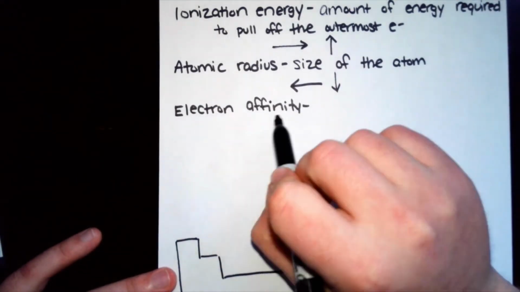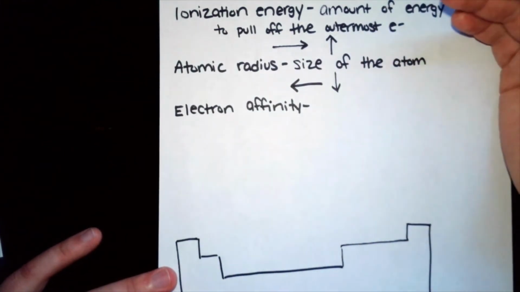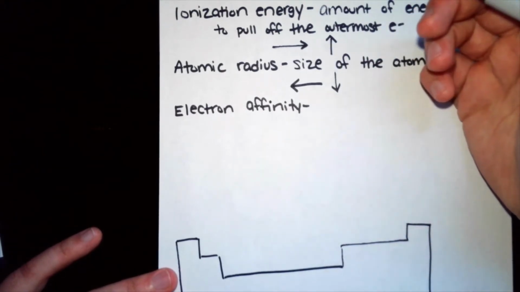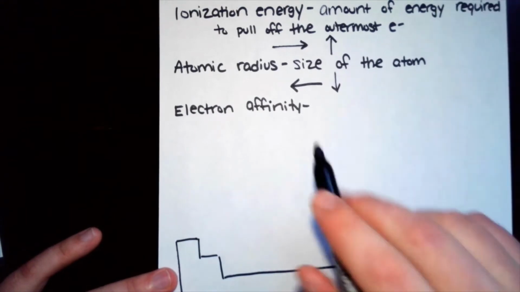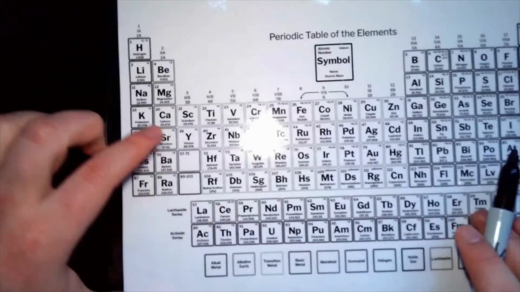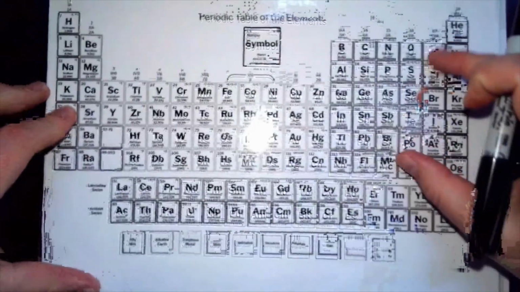The electron affinity is a measure of that element's likelihood to accept an electron to form a negative ion. So of course, looking at a periodic table, we know that the nonmetals like to form negative ions, whereas the metals very much do not. So it makes sense that these would have a higher electron affinity.